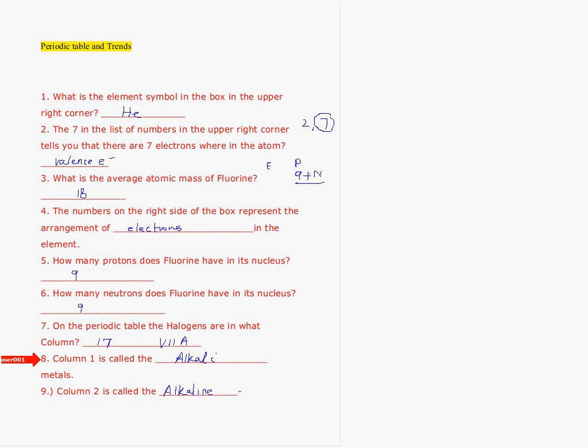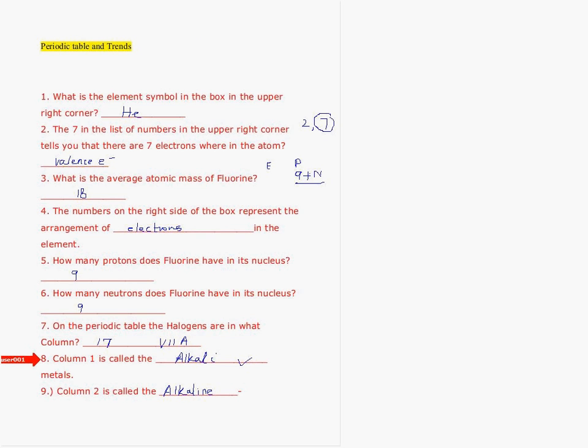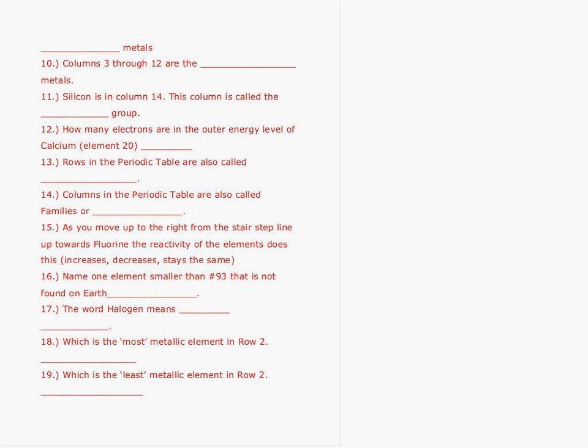Why do we call column 1 alkali metals? Because they form strong alkalis with water. When we do chemical properties today, I'll show you how they form alkalis with water. Group 2 is called alkaline earth metals. They form weaker alkalis. They are mostly found inside the crust of the earth, thus they have this name.